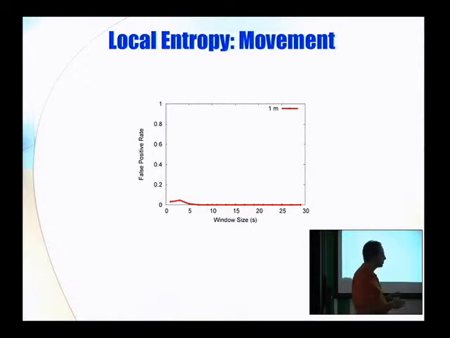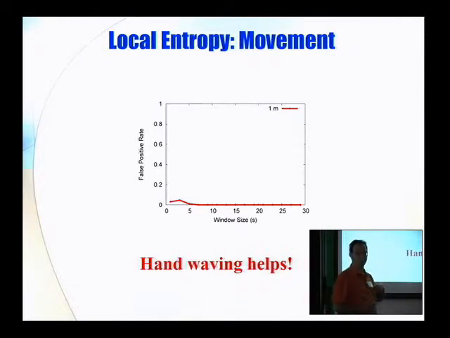In this particular case, what we're doing is putting our hand on top of the antenna and moving it. And what we see is that that generates a lot of local entropy, and within 5 seconds, we are able to identify the attacker. So we're happy to conclude that hand waving helps, if you didn't know already.